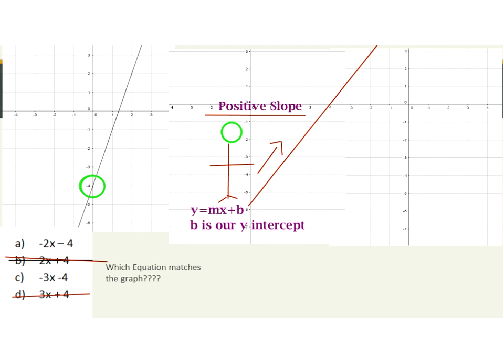Now, if you're going down this way, it's nice negative, because you're going downhill. A negative slope. So when we look at what was written, we have a -2x, which would mean a negative slope.